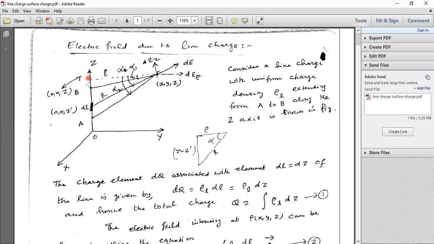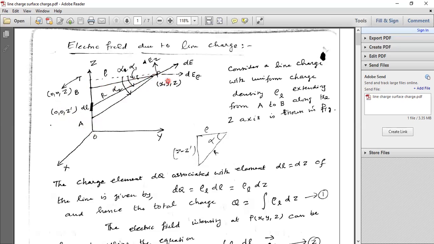Since it is along the z-axis, the x and y coordinates are 0, so it is at a distance of z dash from the origin. Similarly, we consider the field point where the electric field intensity is calculated, the point x, y, z, which is called point P.